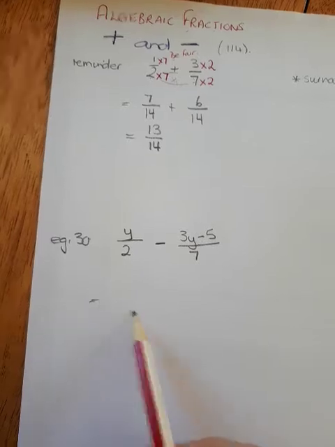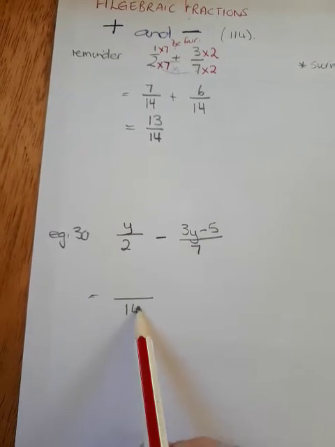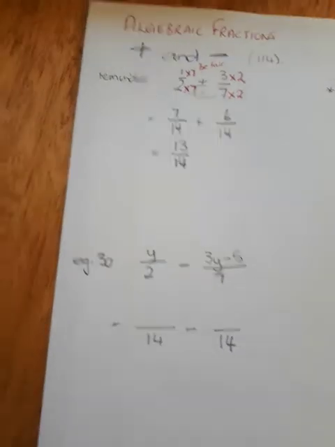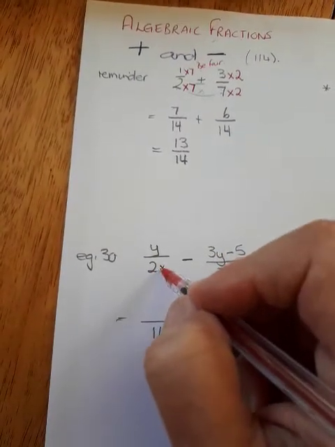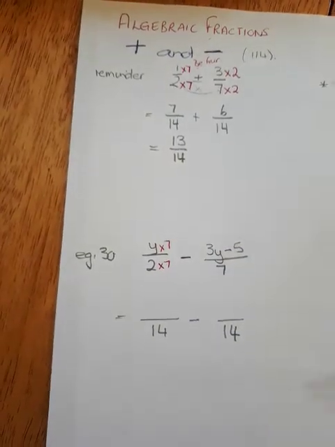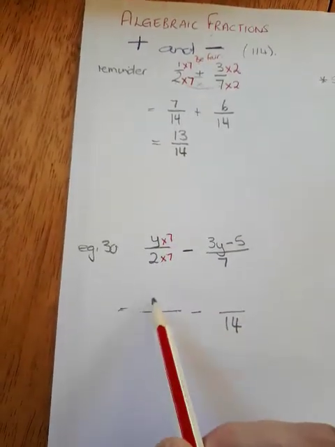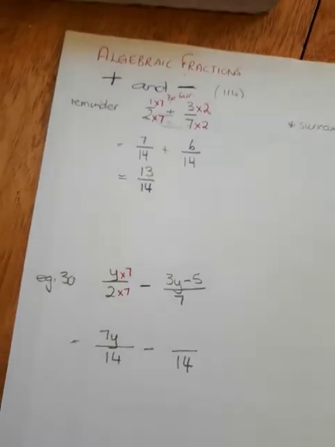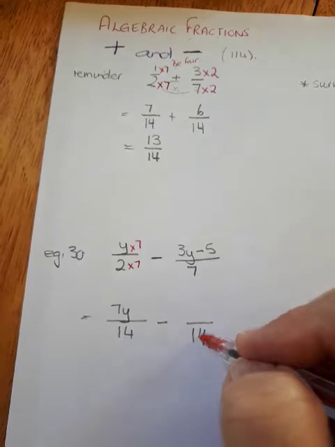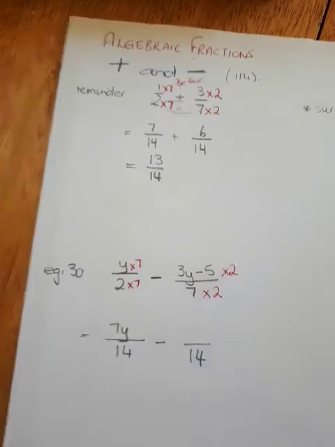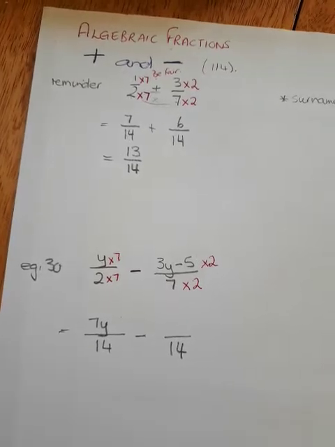So now we know, people, that my common denominator is 14, and I know that I must multiply the 2 by 7, and then I must multiply the y by 7. So 7 times y is 7y. And my second fraction, the 7 needs to be multiplied by 2. Then I must be fair. I must multiply my numerator as well.